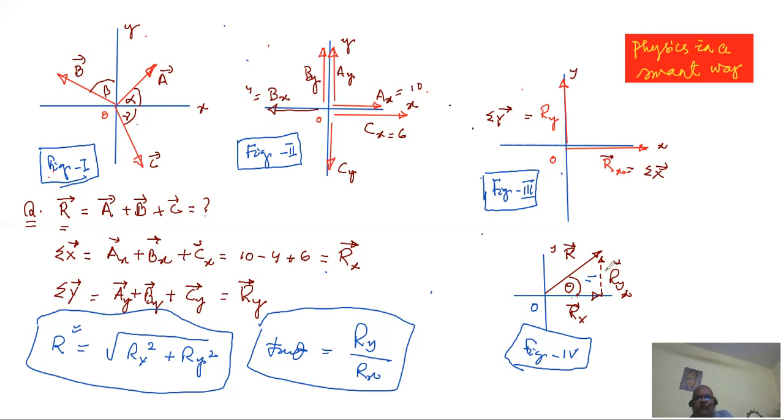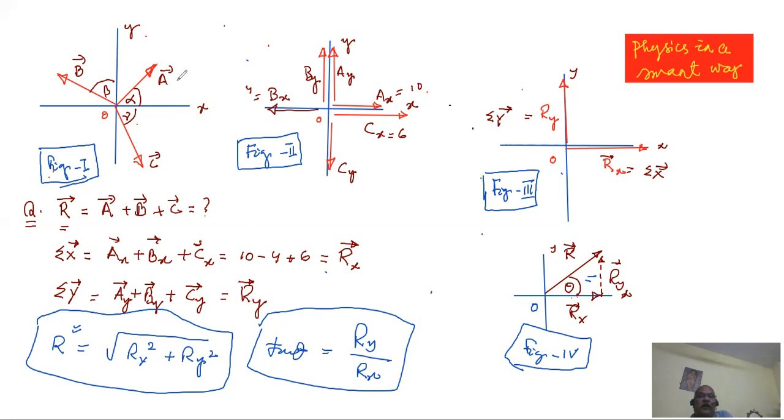And as I told you before, once you get hold of a method, once you know of a new idea, you must discuss the pros and cons of it. So far as the pros are concerned, unlike the parallelogram rule or cosine rule, where the formula is R equal to root over of a squared plus b squared plus 2ab cos theta, here in this method there is no limit to the number of vectors that you can deal with at one go.